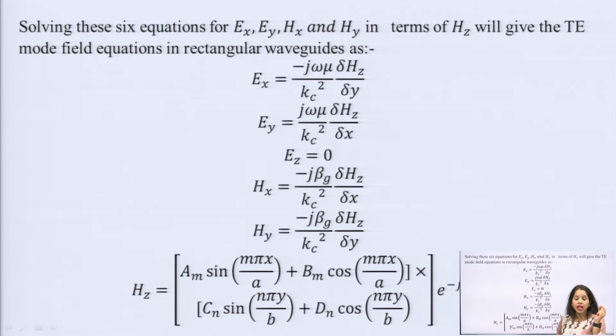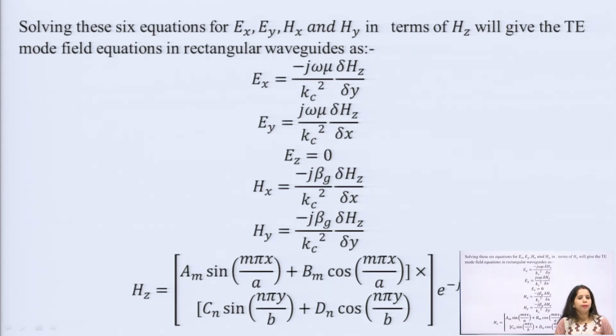Now, as I have told you, our wave is propagating in the z direction, and the only field component known to us is Hz. Ez is equal to 0 and the wave is propagating in the z direction.